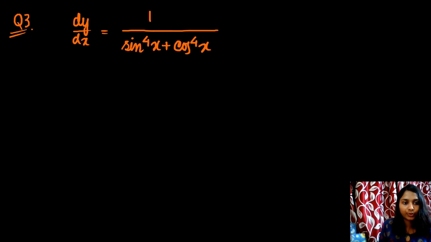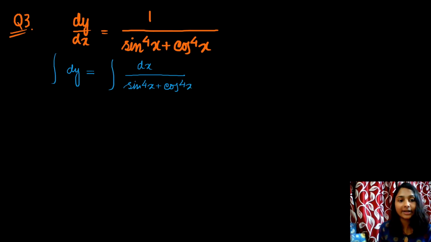Okay, so it can be separated easily: dx, sin 4x, cos 4x. So the separation part is quite easy, but the integration part is a bit harder.